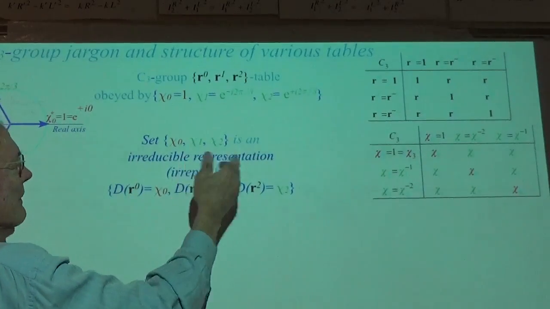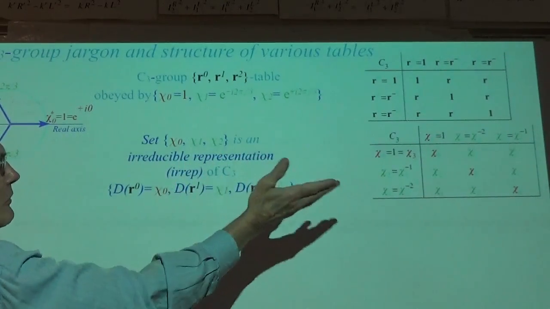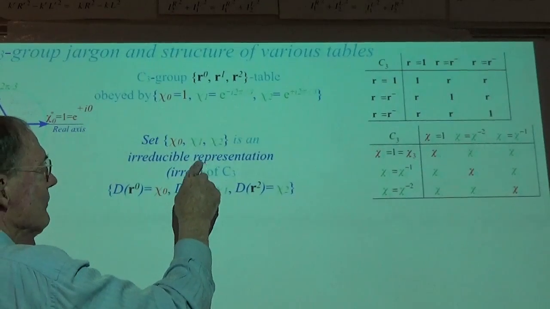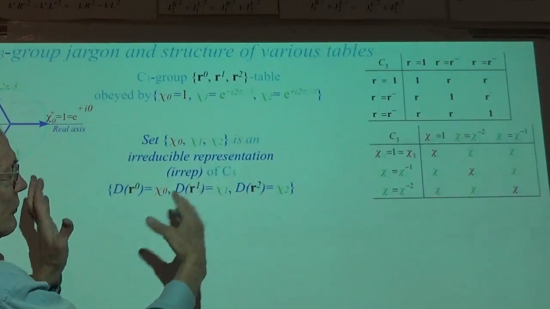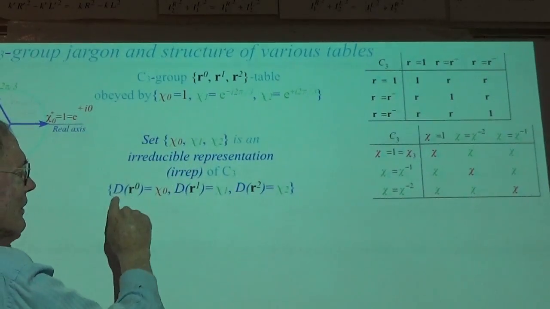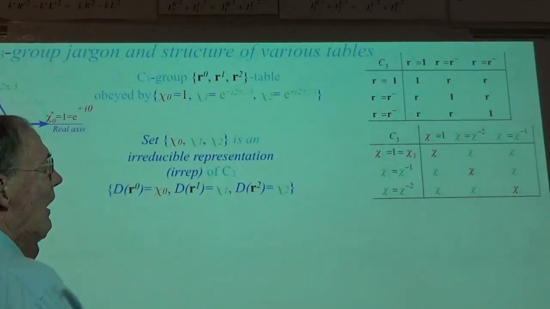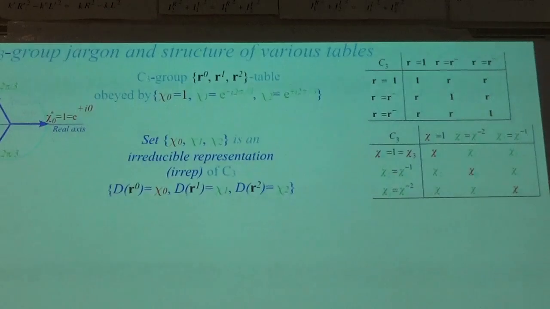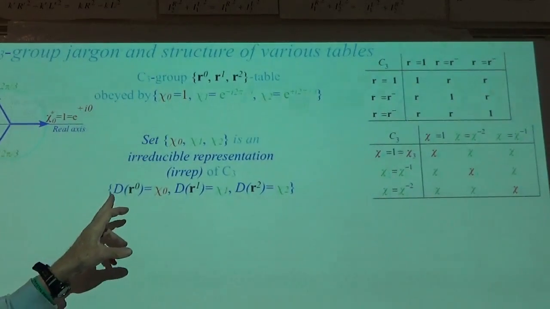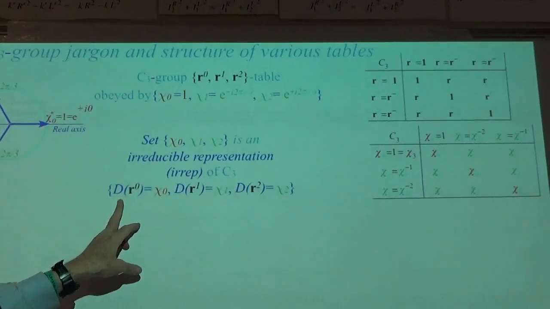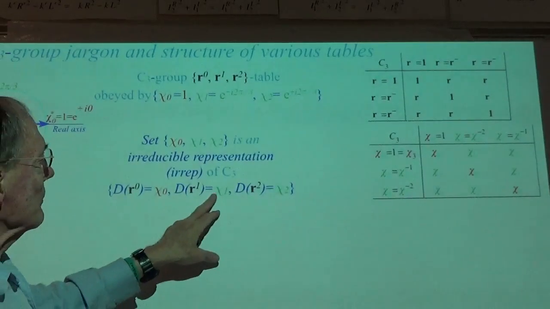So irreducible. I mean, how can I get any more reduced than a number? No problem. It's when you have a matrix that you're trying to diagonalize that you use this symbol D. And again, this is standard notation that I have to get you used to. We don't really need it all the time because we're doing everything with projections.